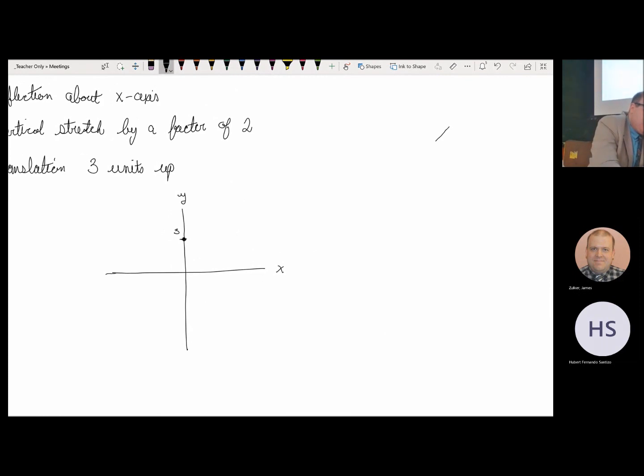So this is the original shape. Vertically stretching it is going to make it look more like that, right? It's going to start to slender out the opening. But it's by a factor of 2.